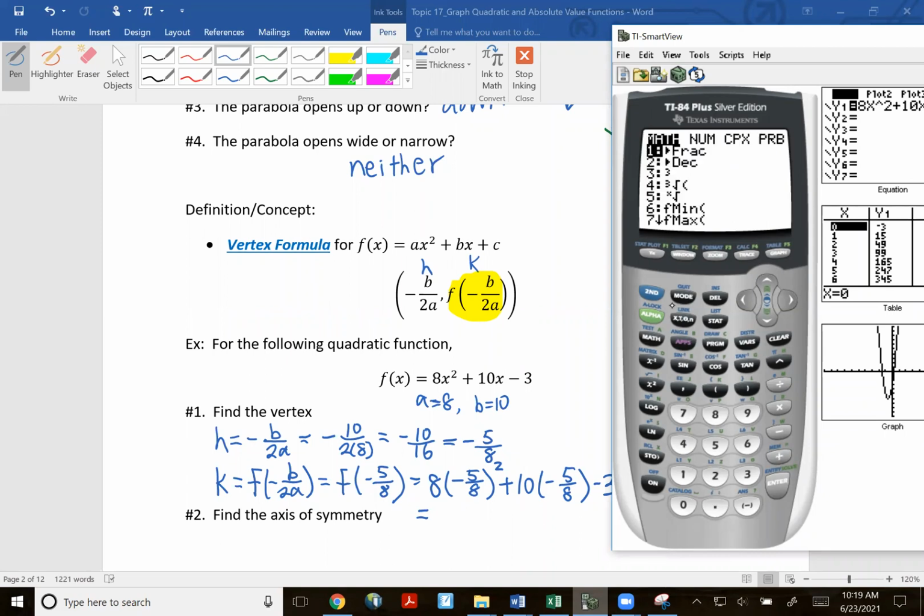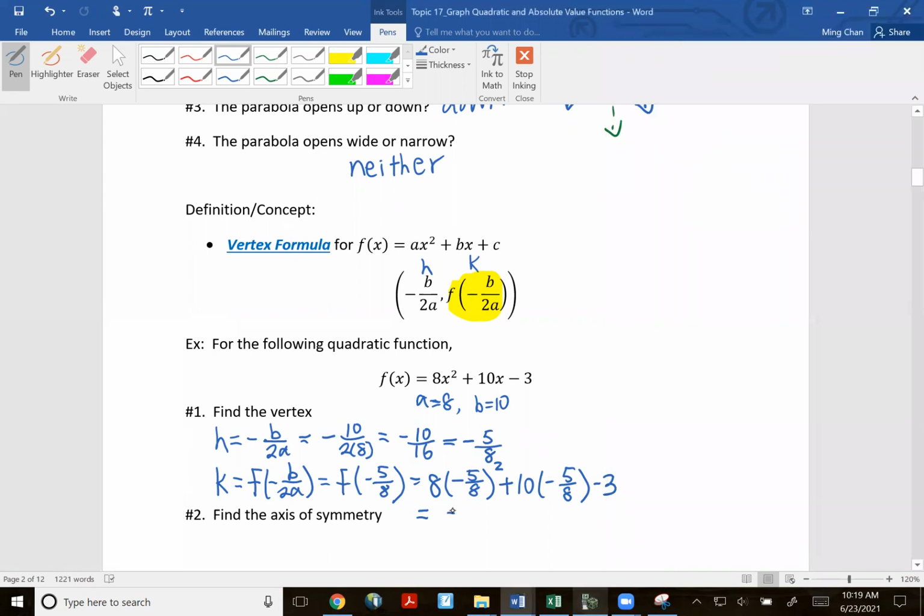So I'm going to go back to math and choose number 1, convert to fraction. Then press enter. So the y value is negative 49 over 8. So my vertex as a coordinate, we will say negative 5 over 8, comma, negative 49 over 8.